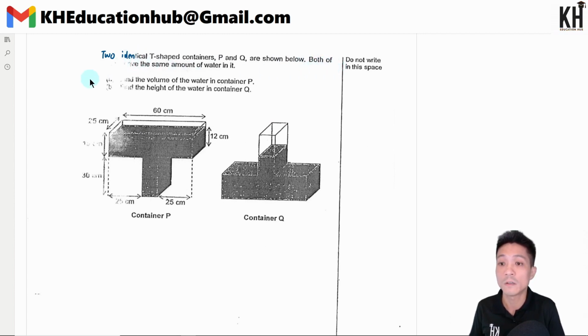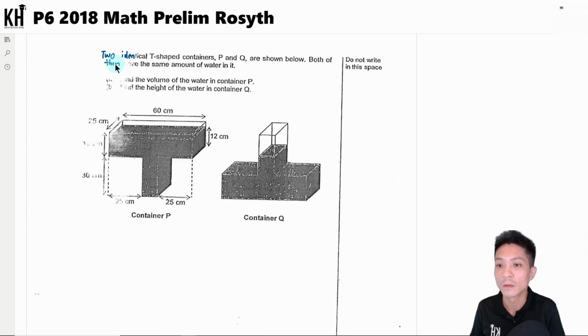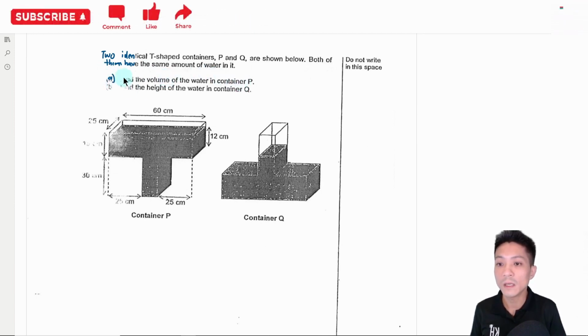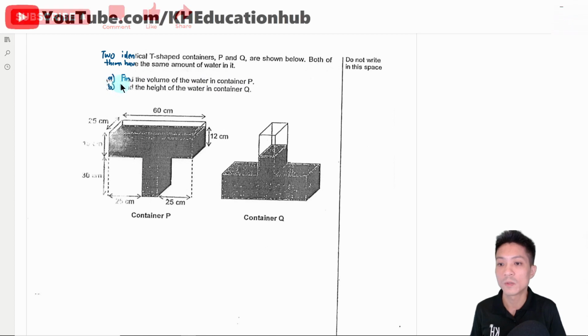Both of them have the same amount of water in them. Part A is find the volume of water in container P, and part B is also find.